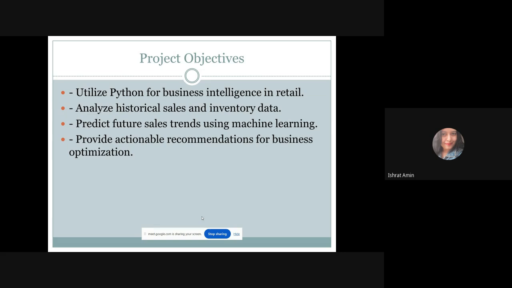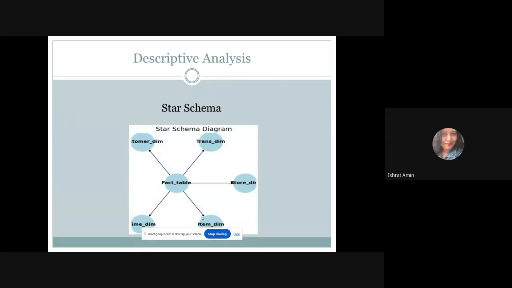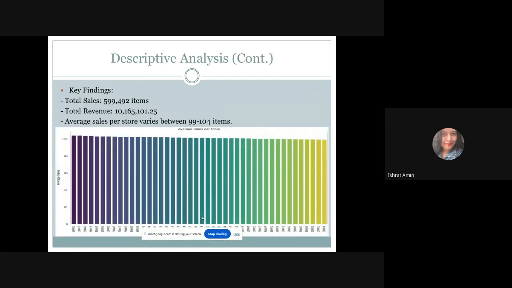While going through the other slides, I will try to touch on this when it shows. The data we are given is a star schema database having one fact table and multiple dimension tables, 5 in total. Here are the key findings: total sales of items is more than 599,000 to be precise, and total revenue is more than 10 million 165,000.